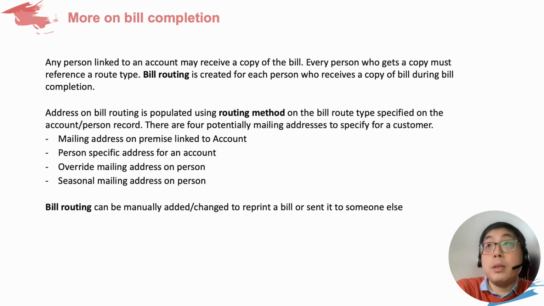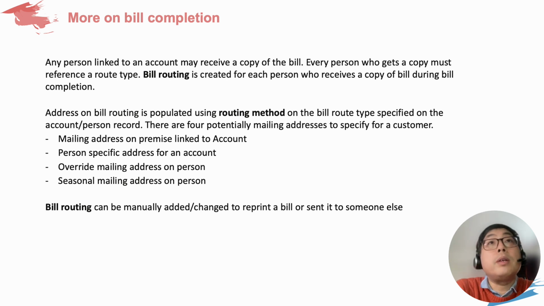For example, maybe the broker should be receiving a copy as well. So through that relationship, you can specify who should get a bill, and then when the bill is created, the system understands where the bill should be sent to.